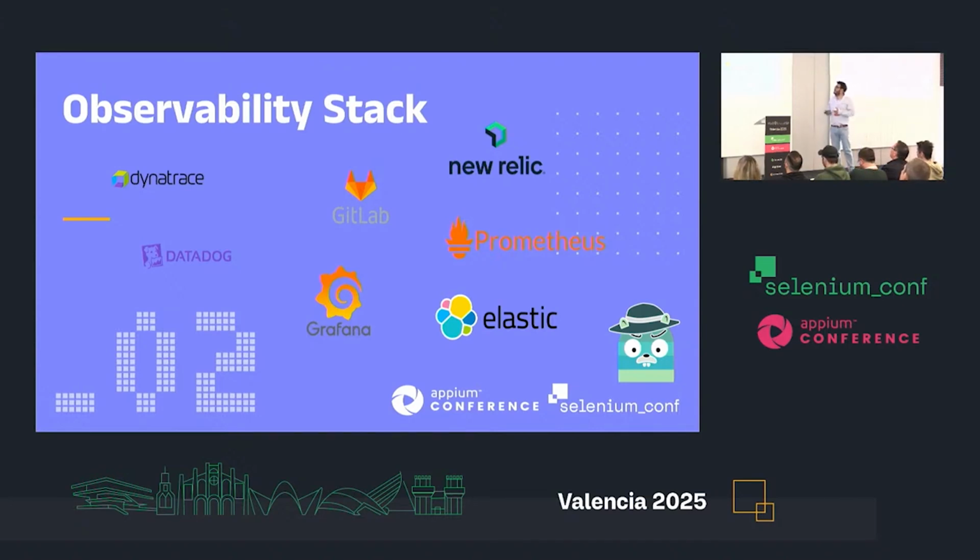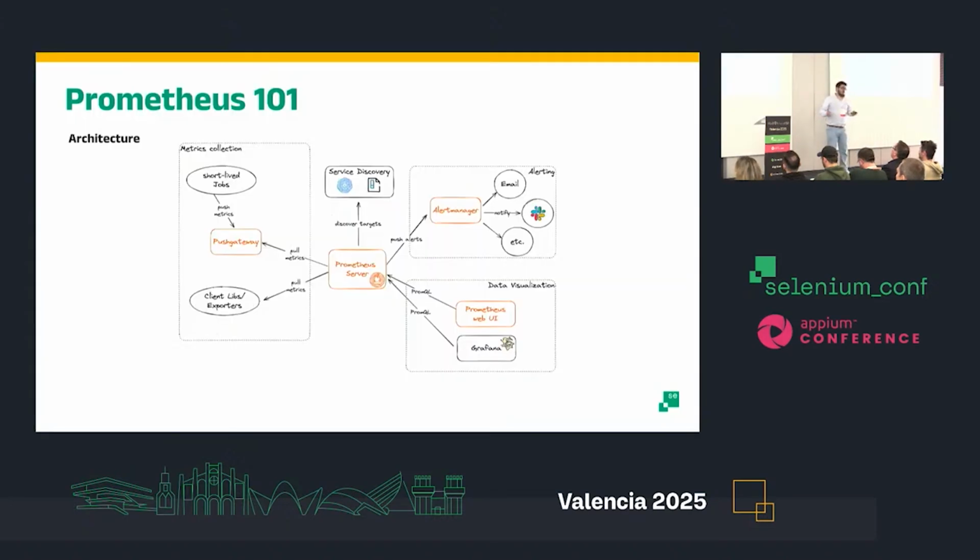It depends on how your engineering teams are using them, but there are really a lot of tools in the community that you can take advantage of. Of course, we're going to talk about Prometheus and Grafana in this talk. So Prometheus one-on-one. We see here the architecture of Prometheus. Who has used Prometheus, PromQL? A lot of people. Nice.